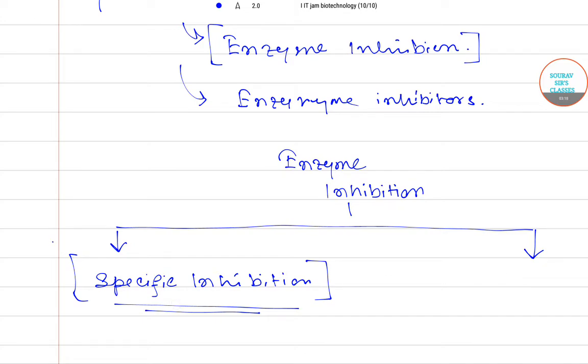The second one is non-specific inhibition.